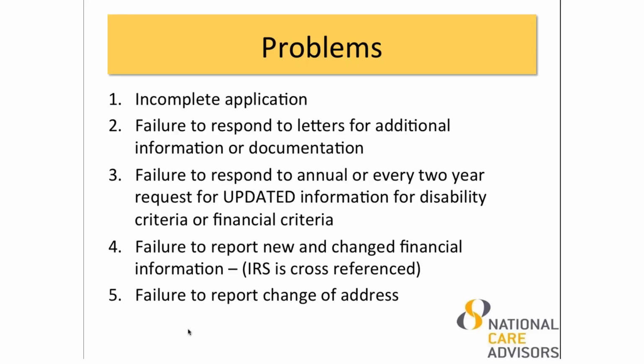Social Security also, generally every year, sometimes every 2 years, it's different based on the region, will ask for updated information that you're still disabled or that you still meet the financial criteria. We realize that this is crazy frustrating if you have a child with cerebral palsy, that they're asking you every year if your child is still disabled.